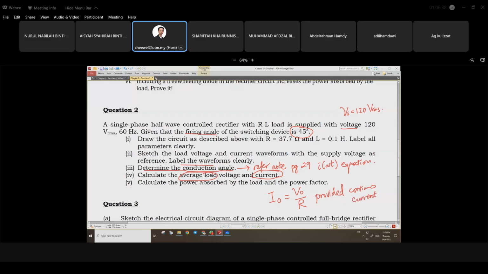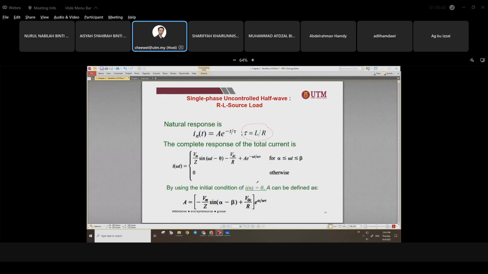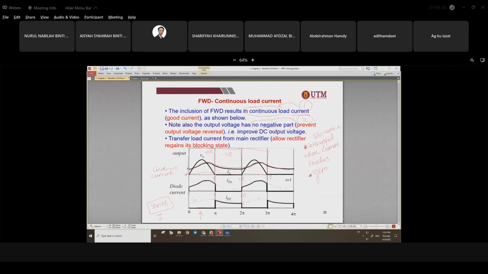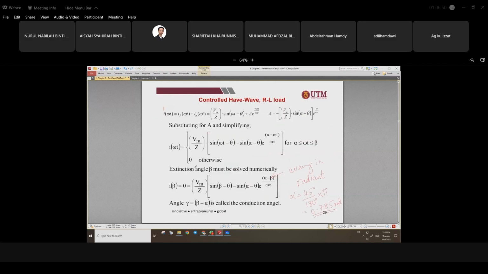If it is not continuous current, then you have to apply the long equation, this one, on page 19 or 20. You have to apply the whole equation if it is discontinuous, and this is meant for discontinuous because you have beta.